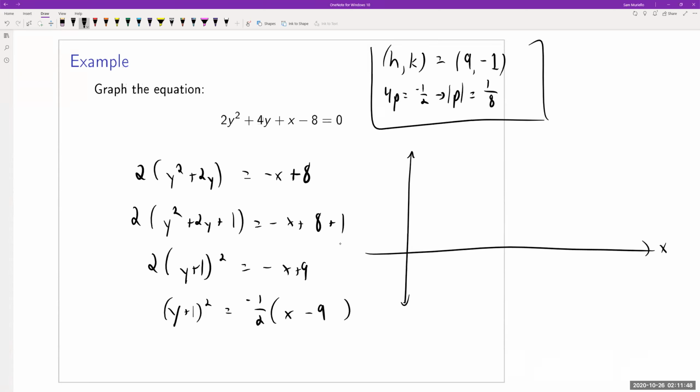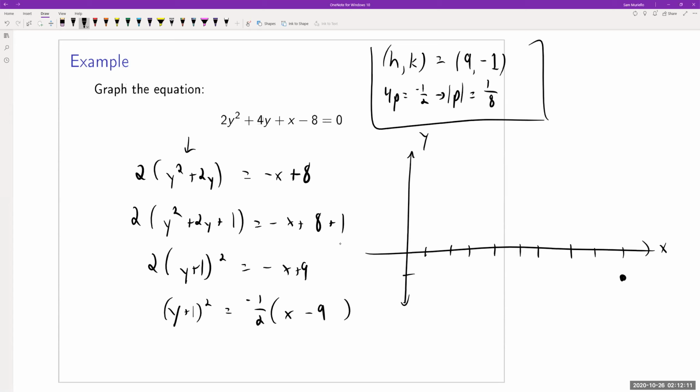So x, y, go 1, 2, 3, 4, 5, 6, 7, 8, 9, and negative 1. It's not going to give us very much wiggle room here. This is the vertex. The focus is right above it. And the directrix, oh, excuse me, not above it. I need to be careful here. Because notice this time y is squared.